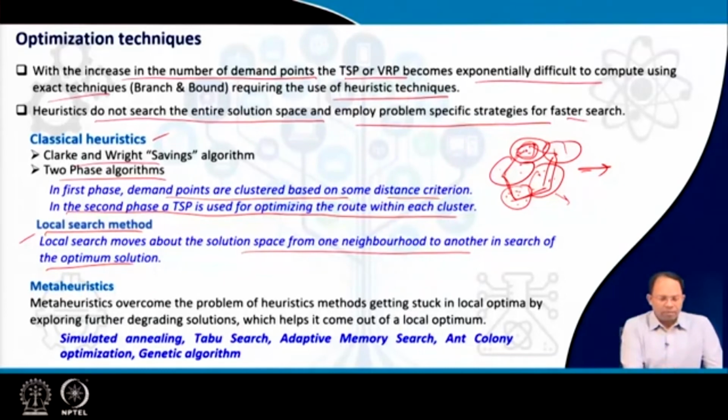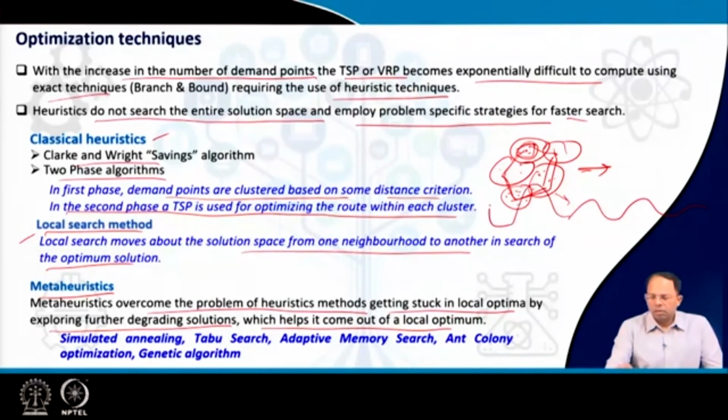To overcome that, metaheuristics are proposed. They overcome the problem of heuristic methods getting stuck in local optima by exploring further degrading solutions, which helps come out of the local optimum. So I have a solution like this. I am finding this is the minimum cost or this is the maximum cost, right? This is the local solution I am talking about.